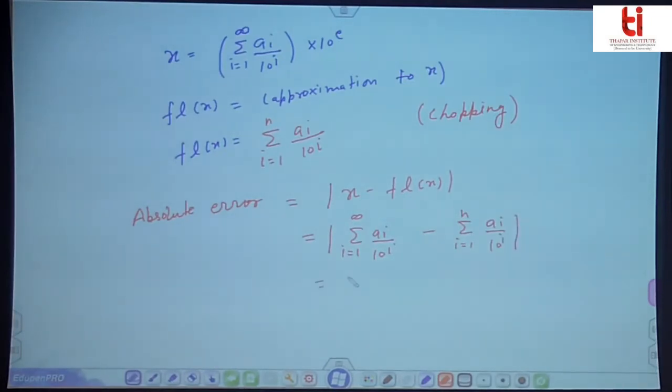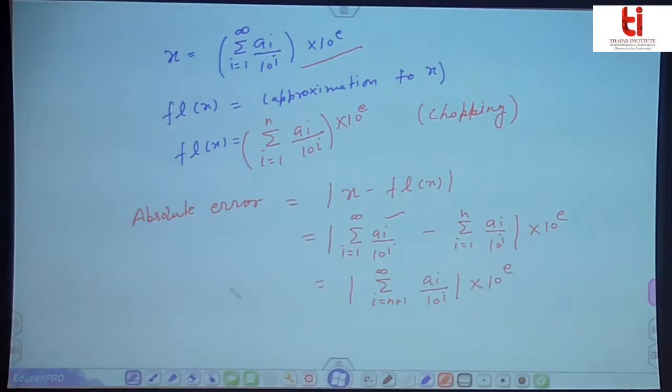After subtracting fl(x) from x, the first n terms in x are the same as in fl(x), so those first n terms get cancelled. So what you will get here is the summation i equal to n plus 1 to infinity of ai upon 10 raised to power i. Just keep in mind, this is times 10 raised to power e, it is continuing, so I should write 10 raised to power e.